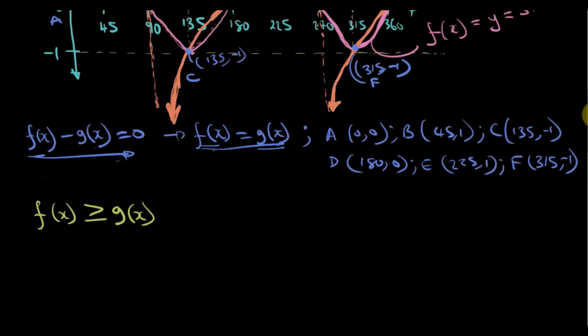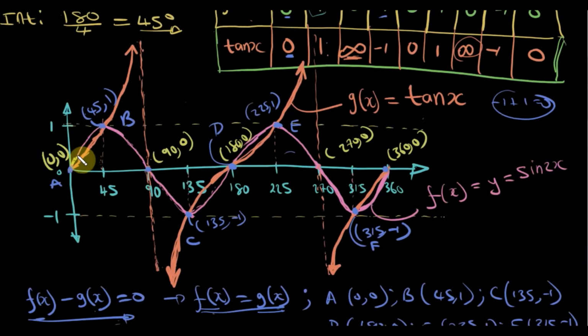So looking at the graph, right there at this point from 0 to 45, we see that the graph of sine 2x is greater than the graph of g of x, and at point 0 and at 45 they are equal.